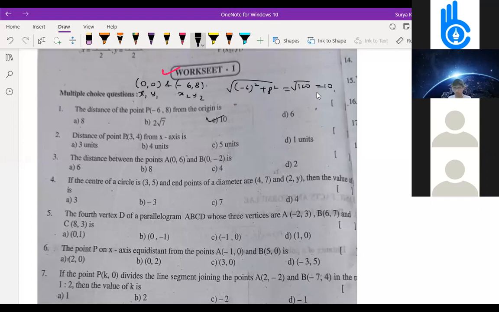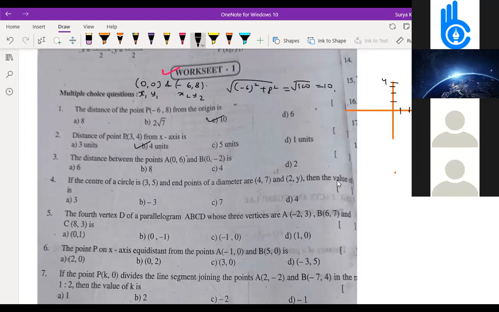Now the second question: the distance of point P from the x-axis. The answer is 4 units. Now see how 4 is coming. See, the question is like this: 3, 4 means 1, 2, 3 and 1, 2, 3, 4.